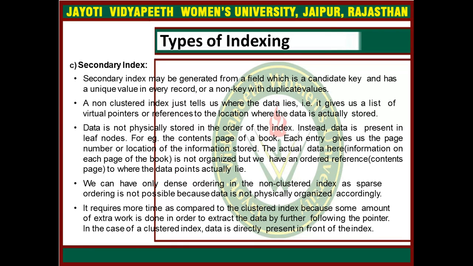The book pages are not organized by the contents, but we have ordered references like the contents page to where the data actually lies. So we can have only dense ordering in the non-clustered index, as sparse ordering is not possible because data is not physically organized accordingly.